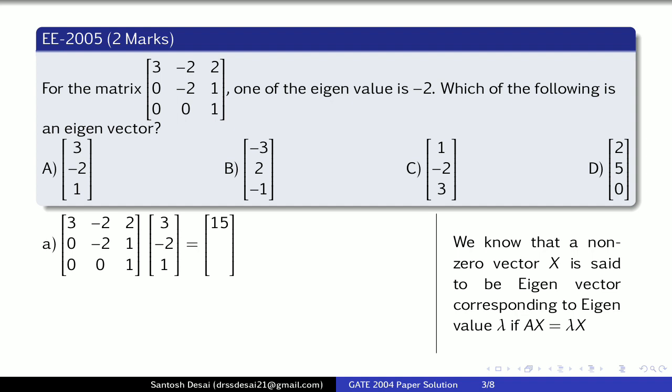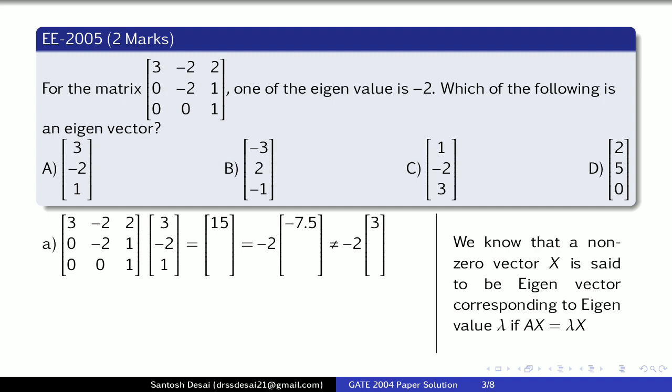So the first element is 15 and here the eigenvalue is -2. If we take -2 common, then the first element is -7.5. But we check that in option A the first element is 3, and here the first element is -7.5, and therefore this is not the eigenvector.